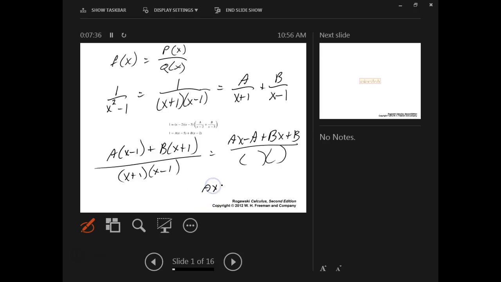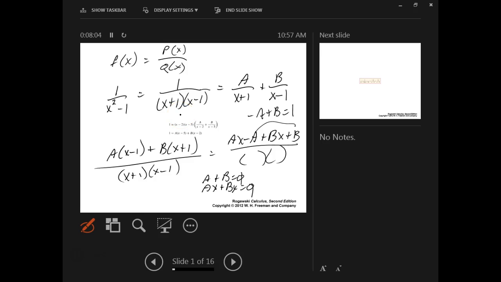That Ax plus Bx has to be 0, because there's no x term up there, right? So that means A plus B is equal to 0. Would you buy that? But it also means that minus A plus B must be equal to 1, because those are your constant terms. And the constant is 1.